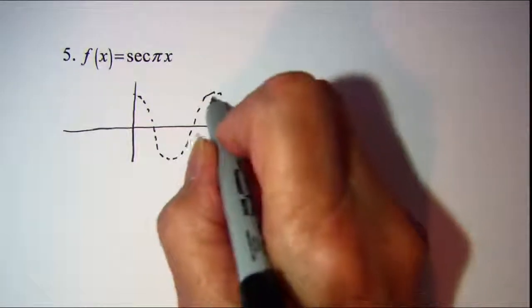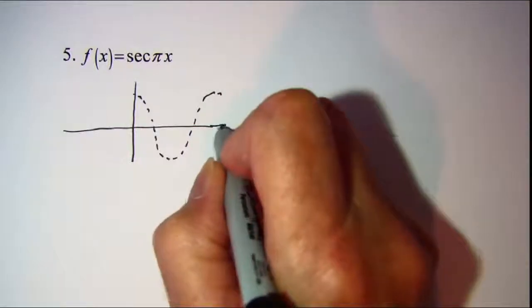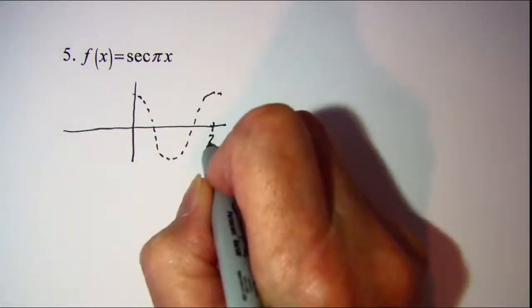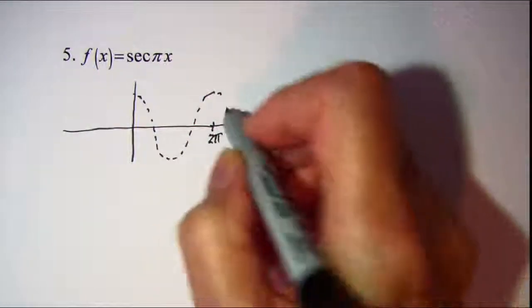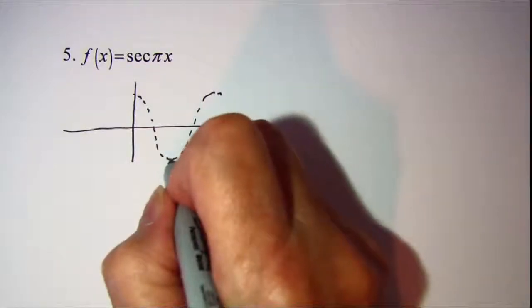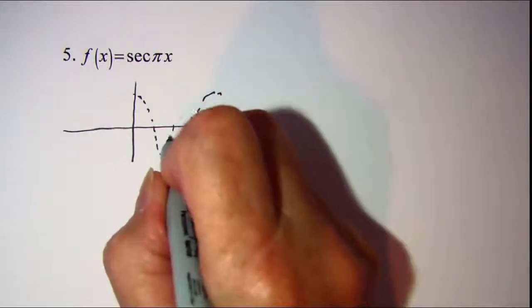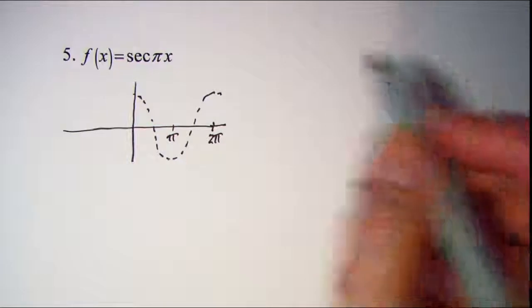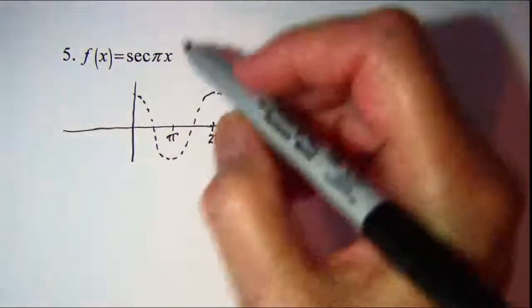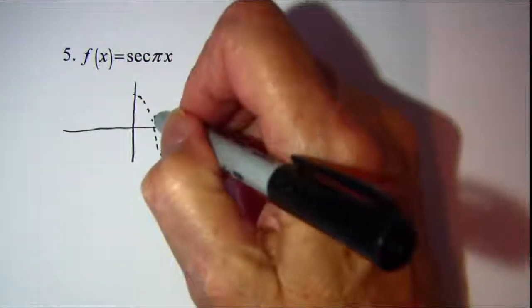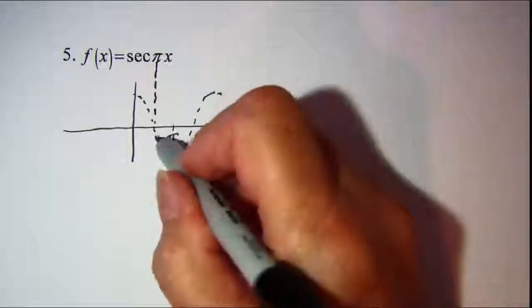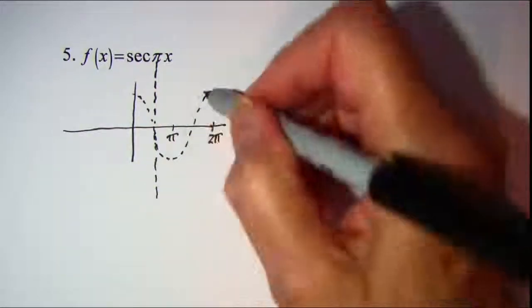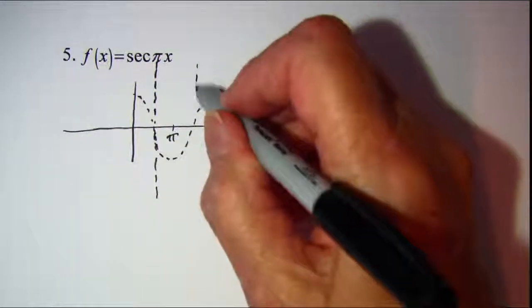And the end of one period of my graph here is 2 pi, and at this point, that's pi. So my secant has asymptotes wherever my cosine crosses the axis.